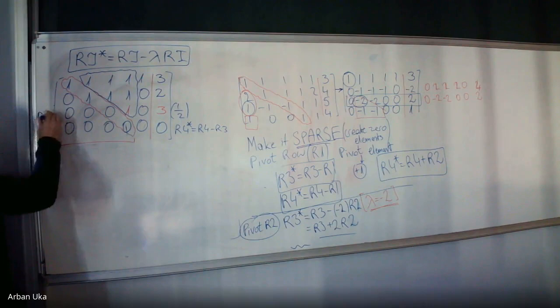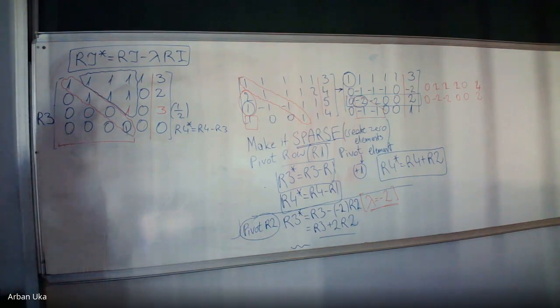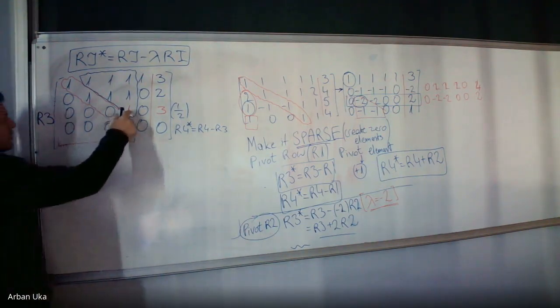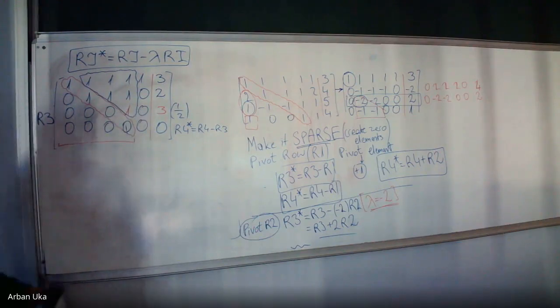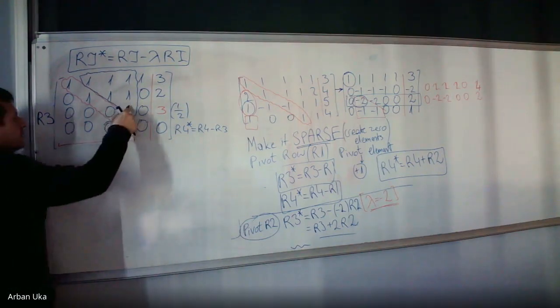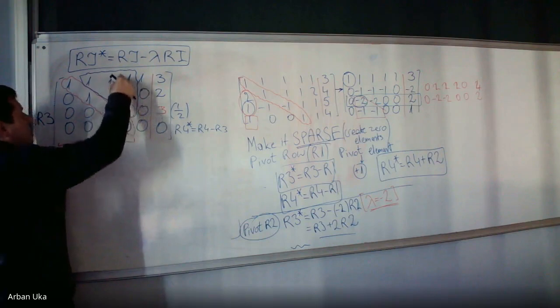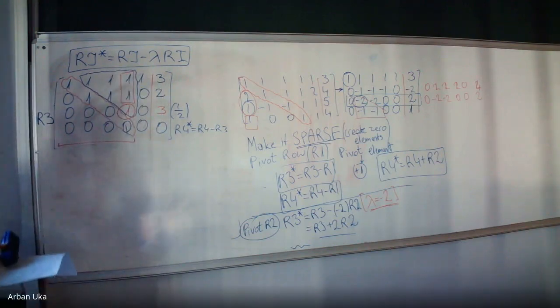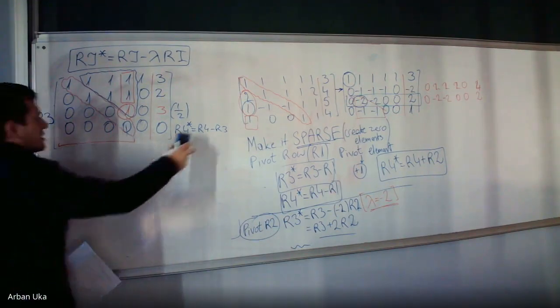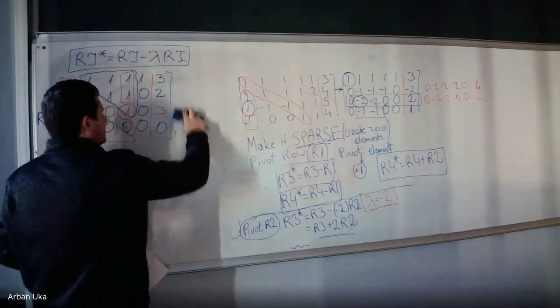So we could work with row 3 because we can start with this element, and the first objective could be using this element here to zero out these, okay?